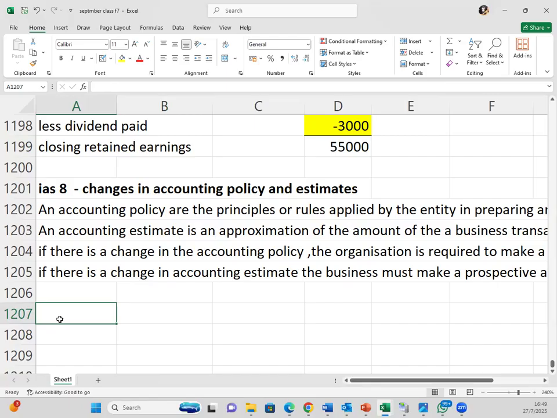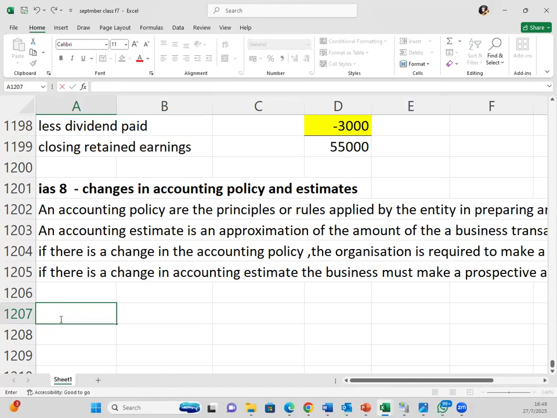But if you come across a question where they have said there's a change in policy, maybe the change in policy has resulted in the profit. Maybe we can say the opening retained earnings.